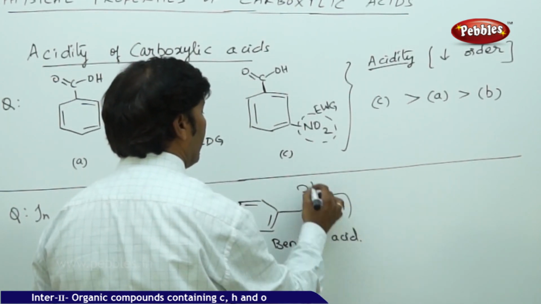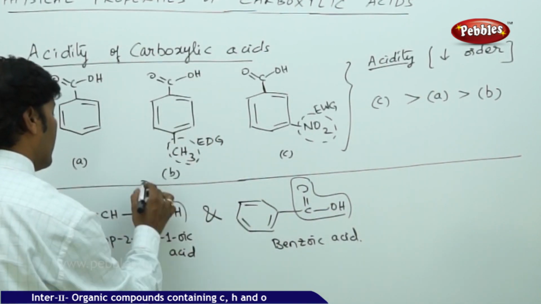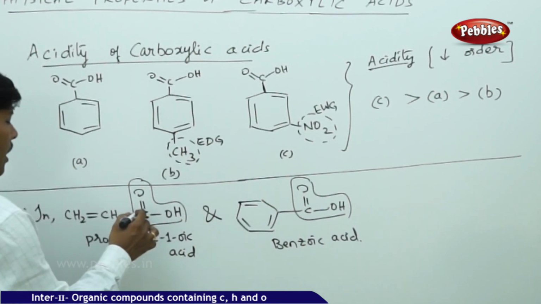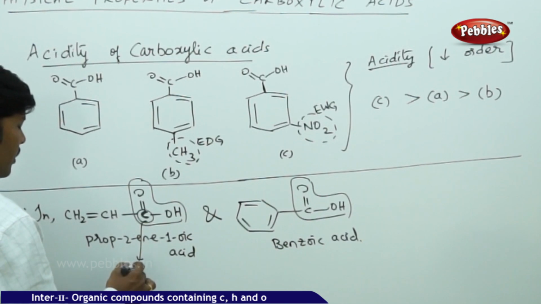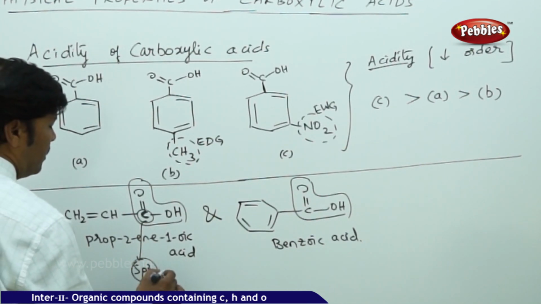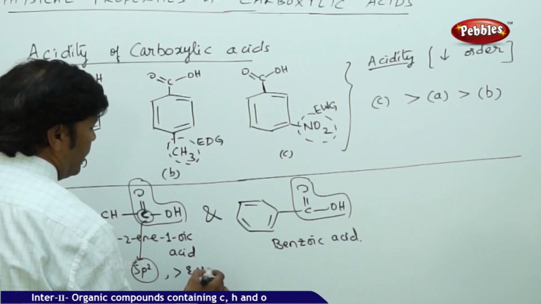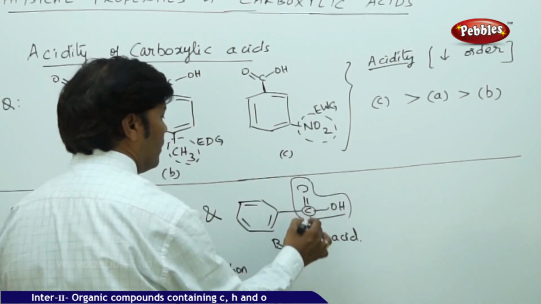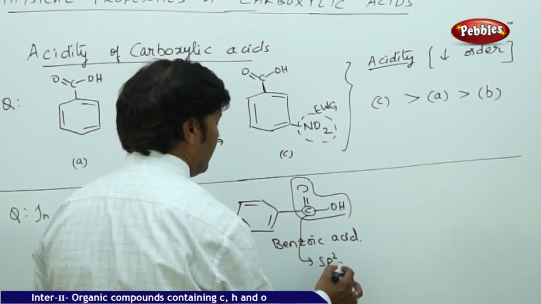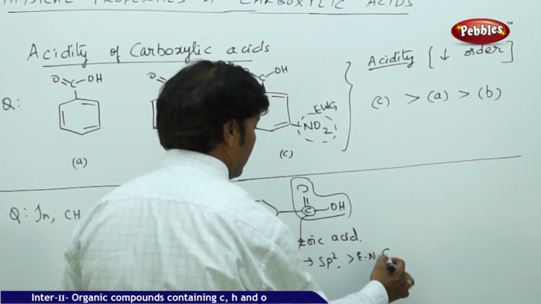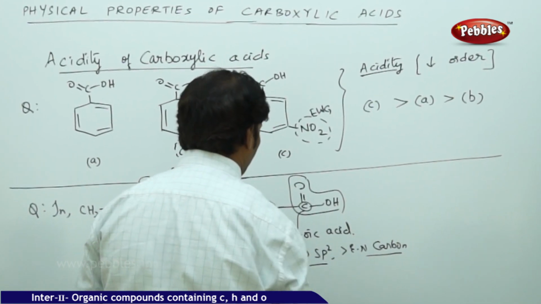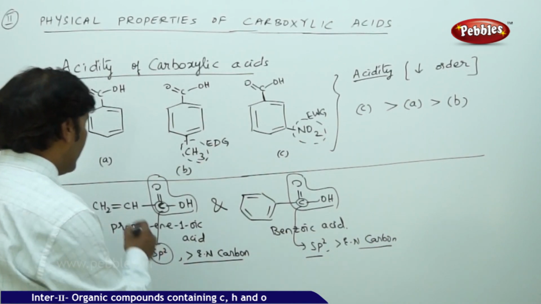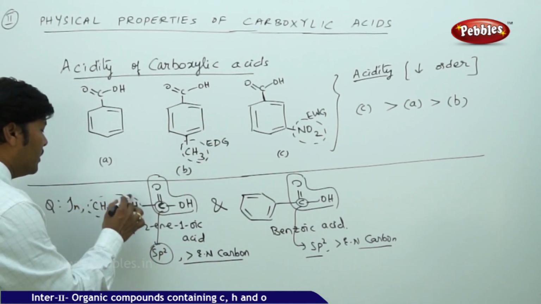So what is happening to the acidic nature? I am just circling the carboxylic acid. One thing we are finding is that the carbon is undergoing sp2 hybridization, which is a greater electronegative carbon. Here also the carbon is undergoing sp2 hybridization, greater electronegative carbon, and this greater electronegative carbon can easily stabilize the vinyl group.